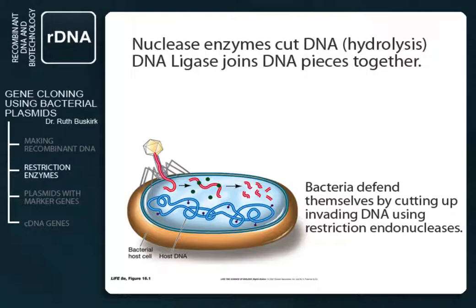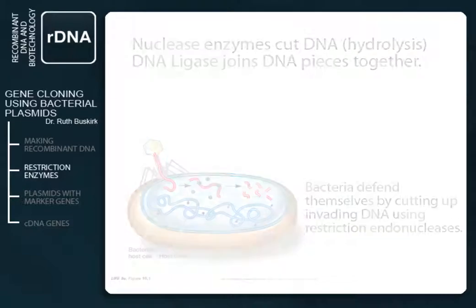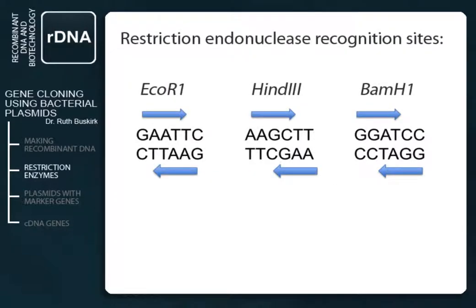These hydrolytic enzymes digest phosphodiester bonds only at specific DNA sequences. Bacteria normally produce these enzymes in defense against invading viruses, but we are going to use them in the lab to make recombinant DNA. Each restriction endonuclease recognizes a specific sequence of bases and only cuts DNA at that site.